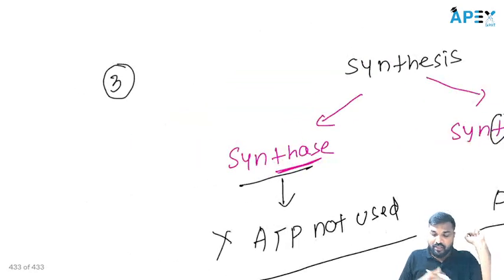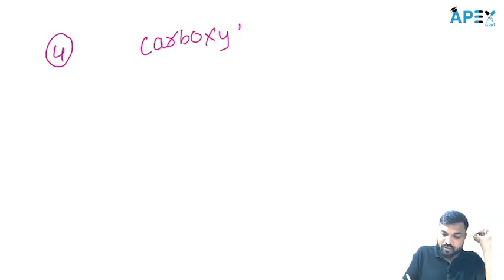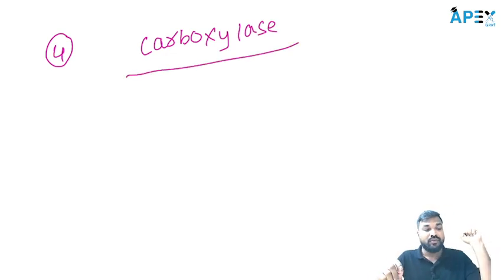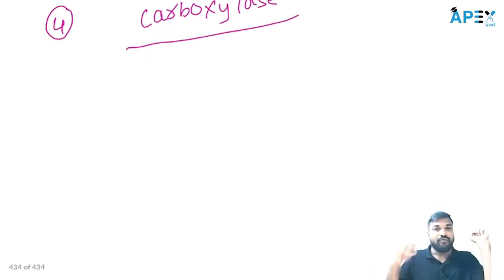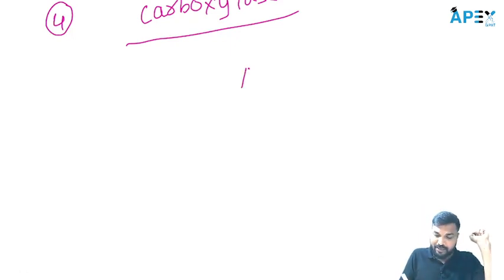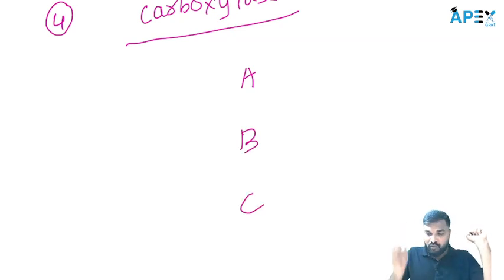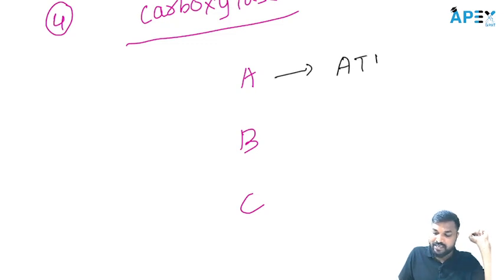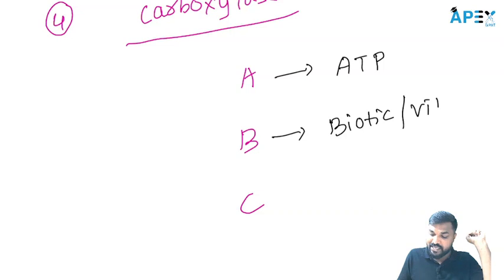The fourth enzyme I want to unlock is the carboxylase enzyme. What is a carboxylase? We are adding carbon dioxide. For the carboxylase enzyme, remember the ABC formula. A means ATP is required. B means biotin, or vitamin B7, as a cofactor.